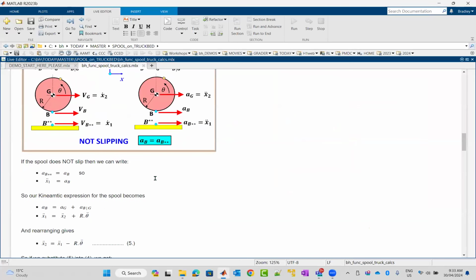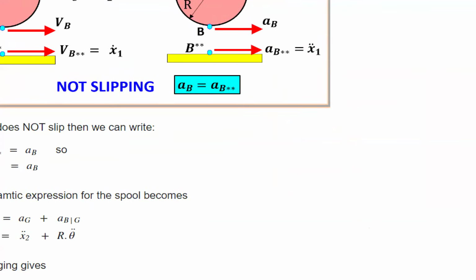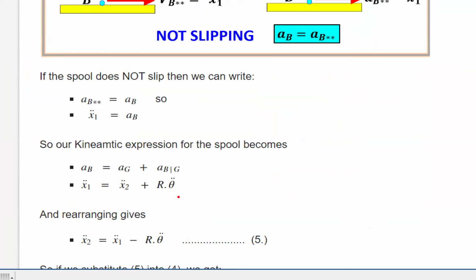So with that statement, we can now use it along with our well-established kinematic expressions. So let's start with this one. The acceleration of point B on the spool is equivalent to some point that we know about, the center of mass is a good one to choose, then added to that, the acceleration of our point of interest relative to the point that we know about.